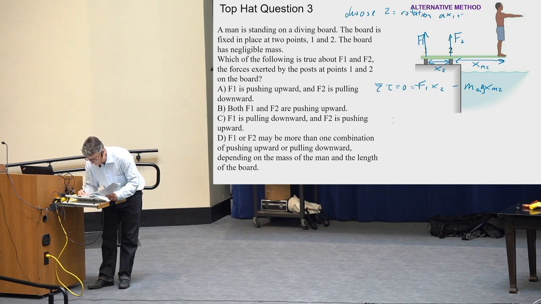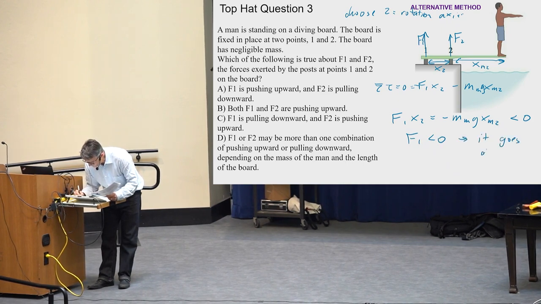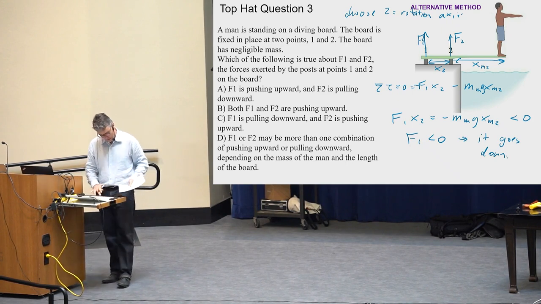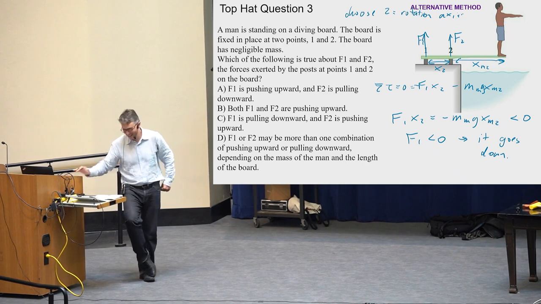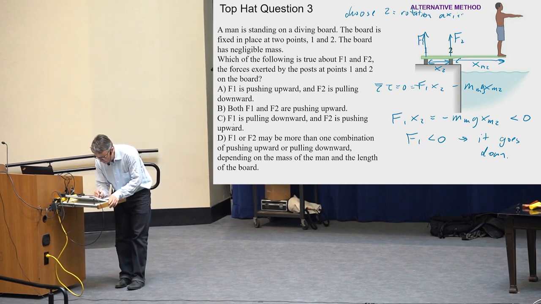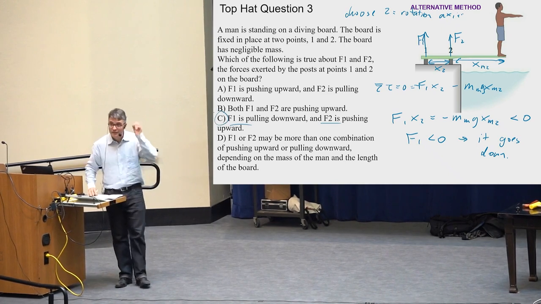So what I now get is that F1 times x2 is equal to negative m times g times x_m2. So this has got to be less than 0. So F1 is less than 0, so it goes down. Depending on where I chose my rotation axis, I got a different force. So what I got is that F1 is pulling downward and F2 is pushing upward. I got sort of C.